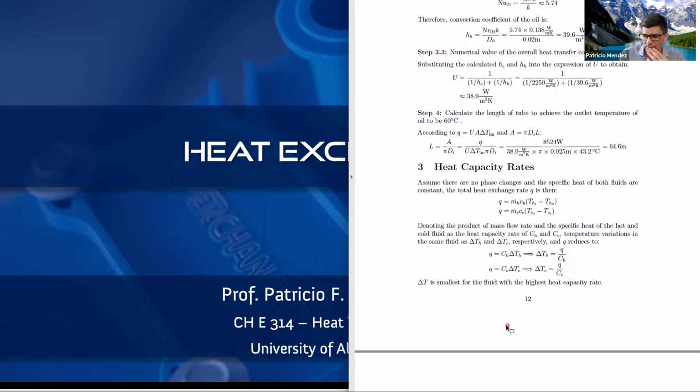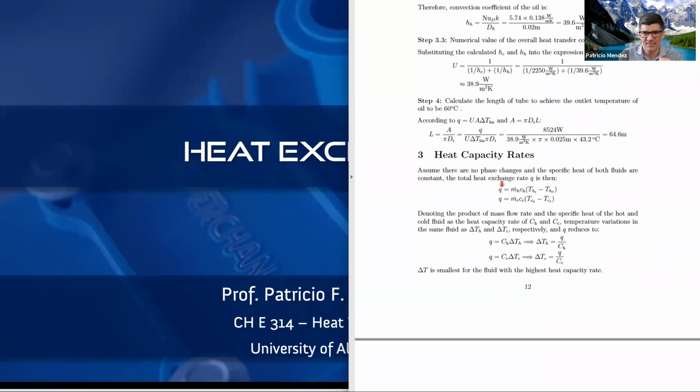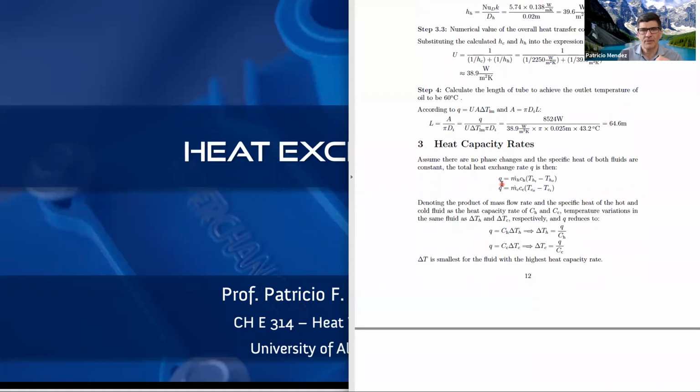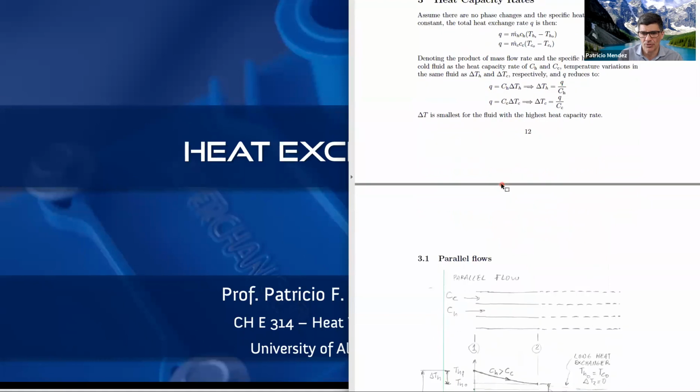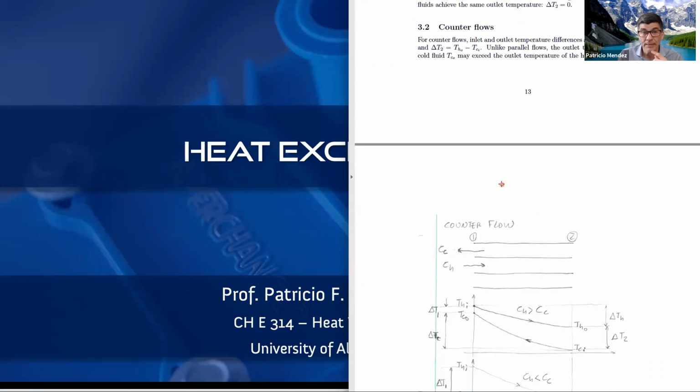There is something, and we have run out of time, that I do want you to read on your own. You have to do this. We have not talked about it in this class, but I want you to read this section on heat capacity rates that will be in the exam on Monday, section 3. Please read it.